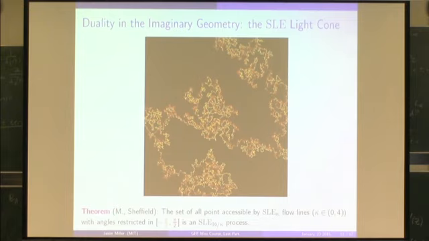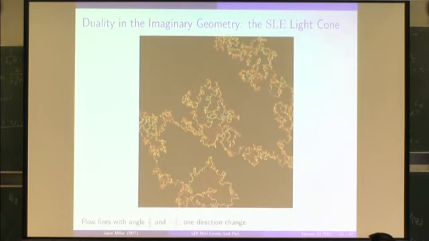The difference is that here, the flow lines, the SLE kappa flow lines, these are paths which naturally travel from the bottom of the square up to the top, while the SLE 16 over kappa process naturally travels in the opposite direction. It goes from the top down to the bottom. And this is one of the reasons why we refer to it as a counterflow line. Anyway, there's this idea that somehow you're building this counterflow line step by step by growing trees of flow lines.